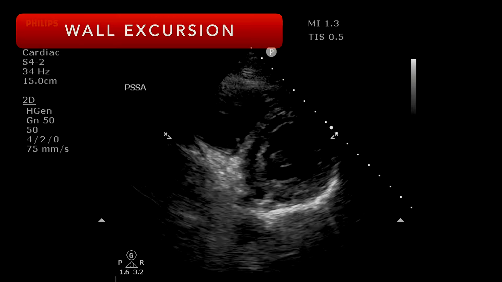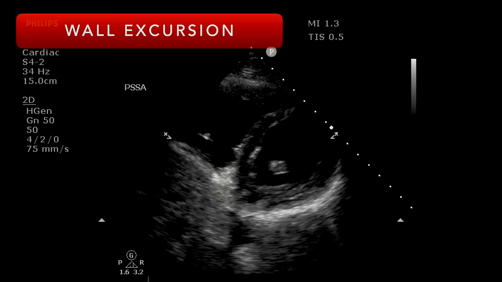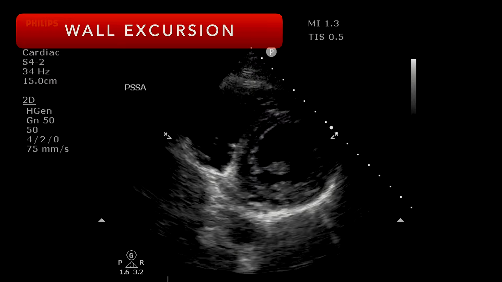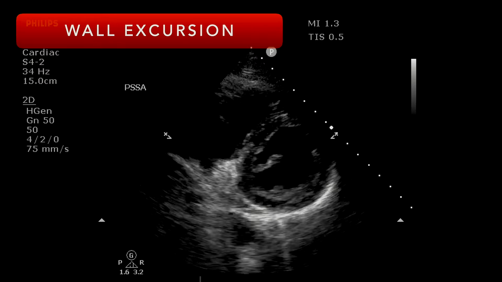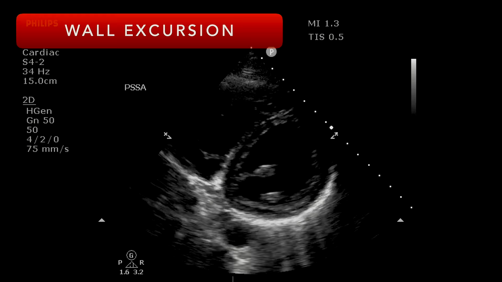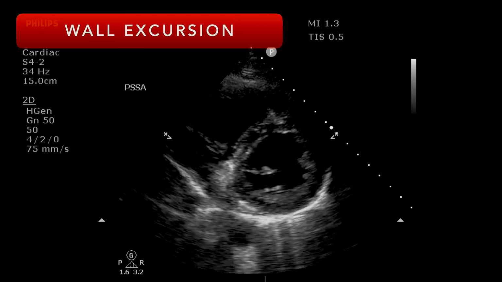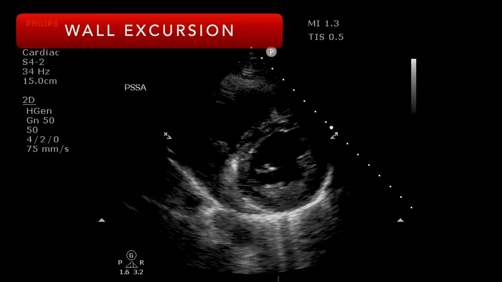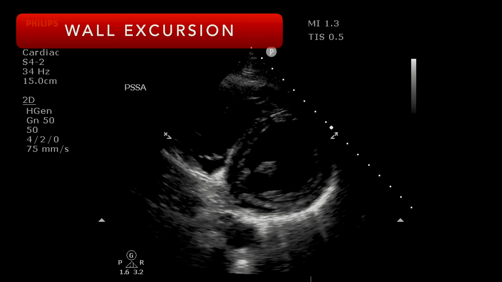And so that's essentially what we're trying to get at here as we look at this wall excursion, right? We're trying to look at how does this thickening, how does this movement relate to that endocardial border, right? Which then is translating into the volume that this heart is experiencing in diastole and then in systole when it squeezes, right?